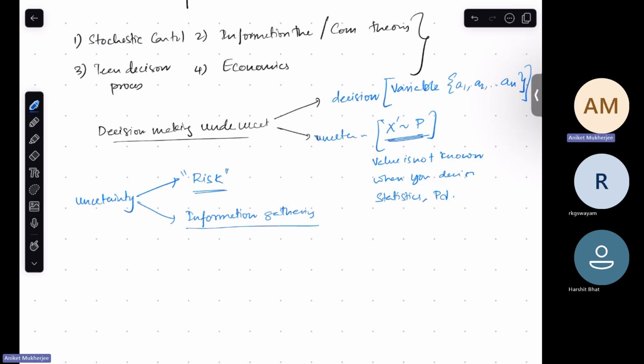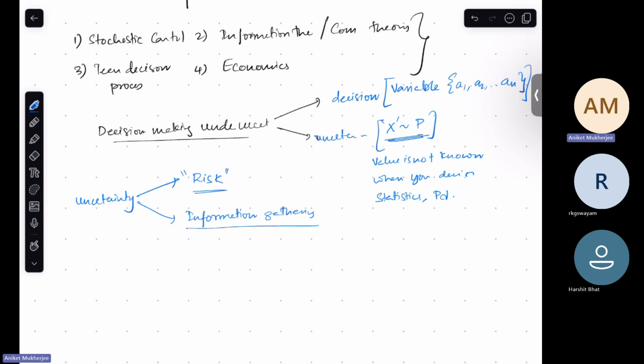When you have uncertainty, there could be different types of problems. The problem of information gathering is: when do you know about the uncertainty in the system? You take one decision and then you know something about the uncertainty. Now you're allowed to take another decision. Then you know something else about the system. Or you don't know anything. You are asked to take a sequence of 10, 20 decisions in a short amount of time.